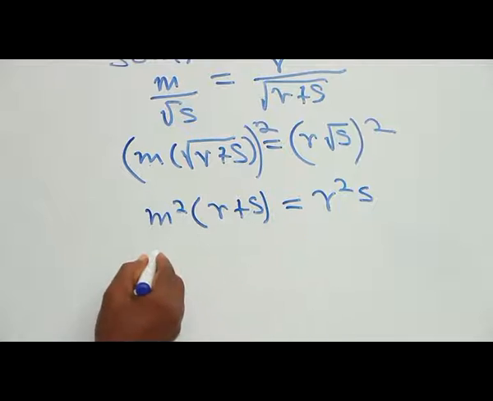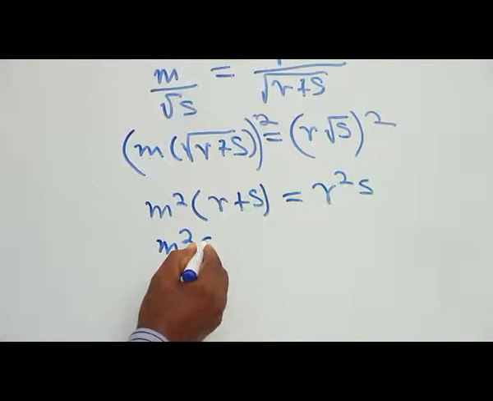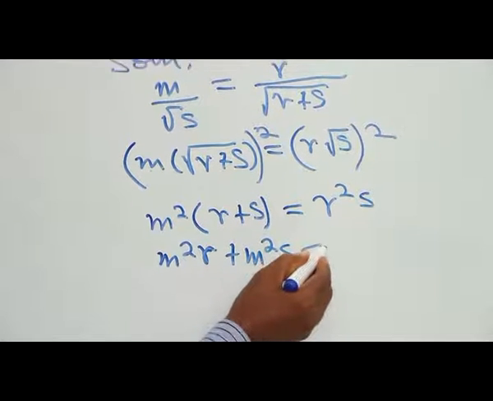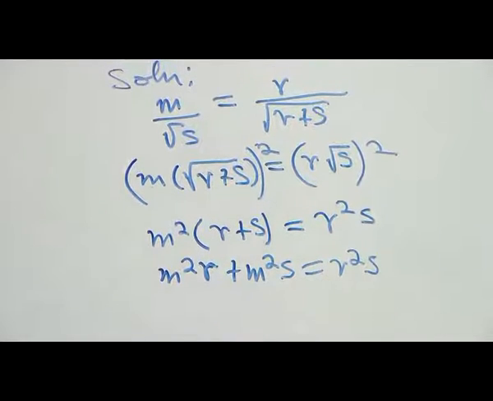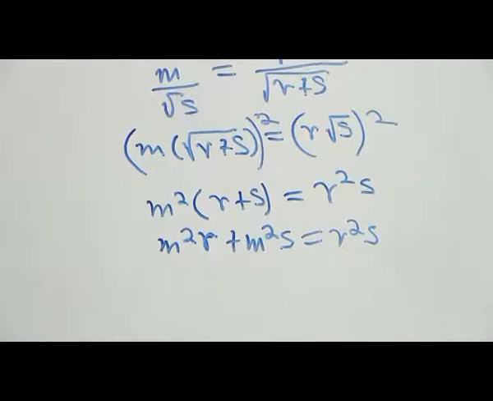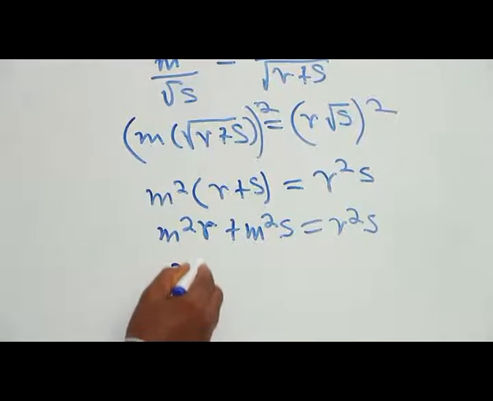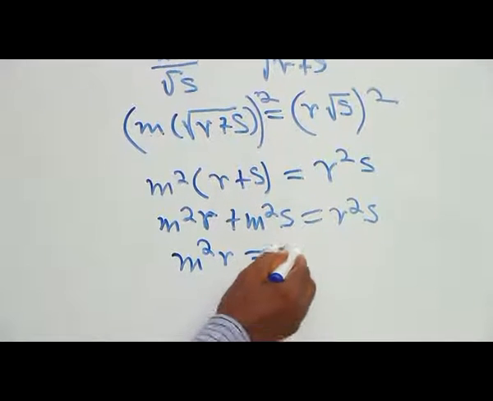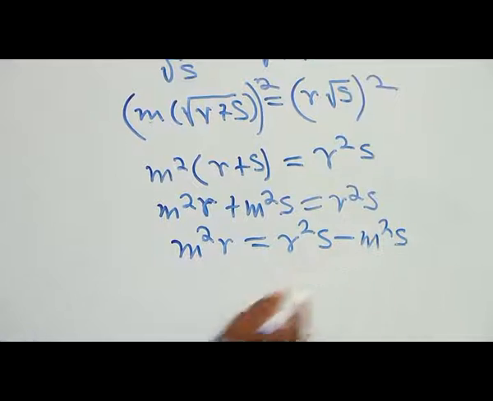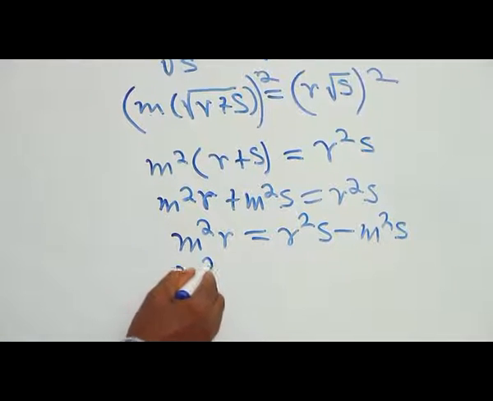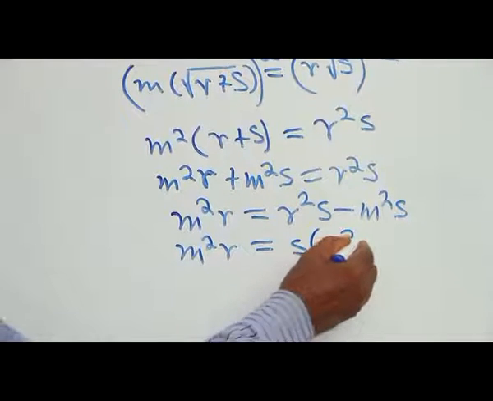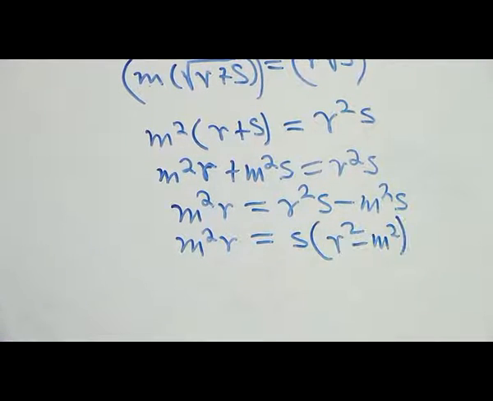So open up the bracket, you have M squared times R plus M squared times S is equal to R squared times S. Now with this one, as usual, you bring all the terms with S together. So we have M squared times R is equal to R squared S minus M squared S. So that your M squared R will now become S factorized, times R squared minus M squared.